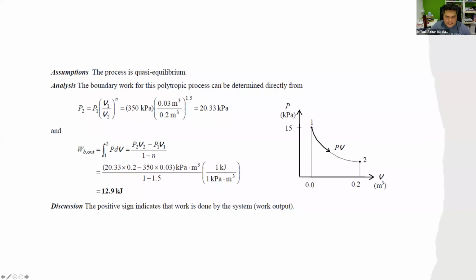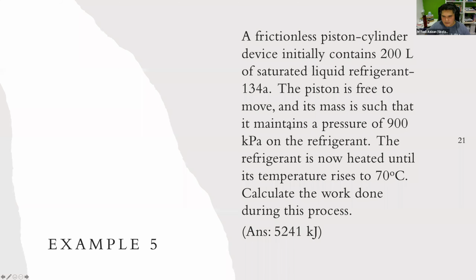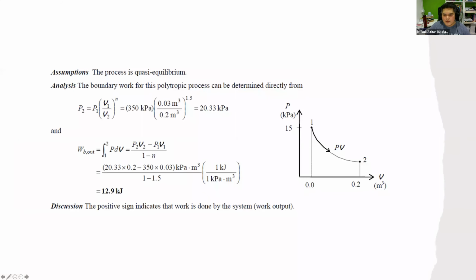This makes more sense because this is an expansion. So when there is an expansion, our pressure P2 should decrease. If we follow the graph here, our initial state, supposedly 350 here, is state 1. Okay, 350 kPa. And then it will come to state 2, which is 20.33 kPa.